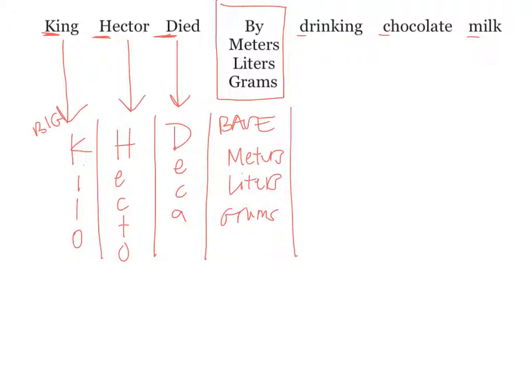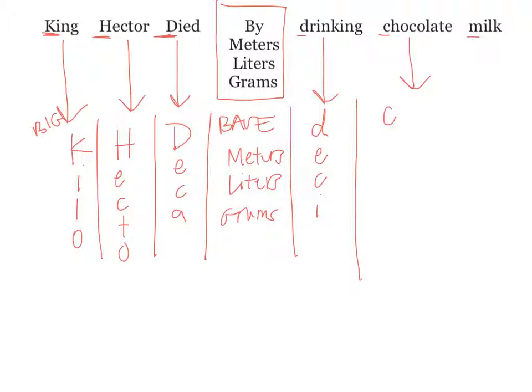Now that I'm on the other side of my base unit, these letters are lowercase, because these are my smaller units. So lowercase d stands for deci, kind of similar to decimal. So I could refer to decimeters, deciliters, or decigrams.